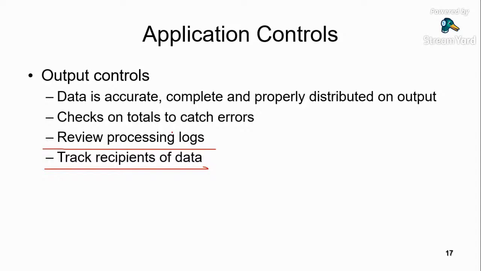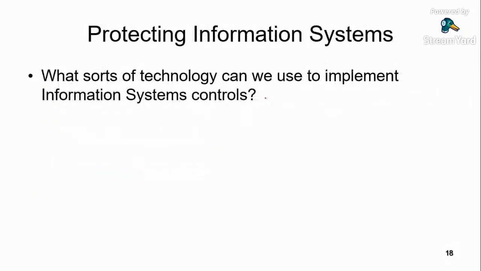Otherwise, you are in India and your intended users are in India, but you may have users from South Africa, the US, China or Japan, who are unintended users. Maybe some hackers will be doing this. So all these things have to be checked. Track the recipient, check what kind of data is displayed and given out, and how it is distributed. That comes under application control.